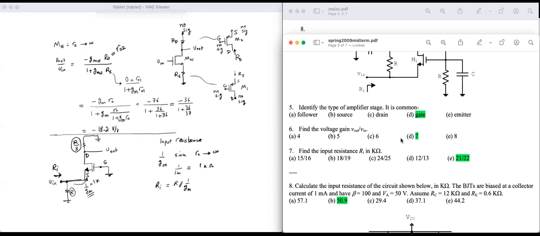I see 1 over Gm looking into the source of the MOSFET, and there's also the R in parallel with that. And now we have 21K parallel with 1K. And that's 21 times 1 over 21 plus 1. So 21 over 22. Okay, that's the right answer. 21 over 22, pretty close to 1.